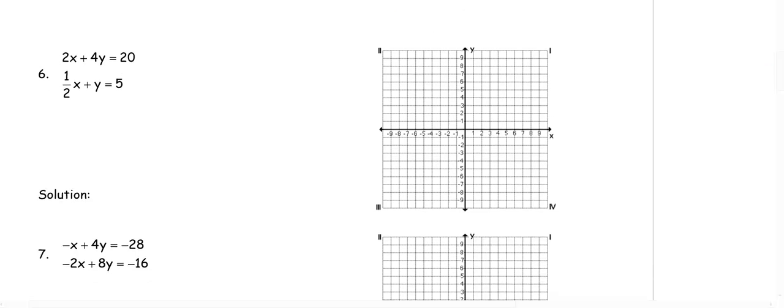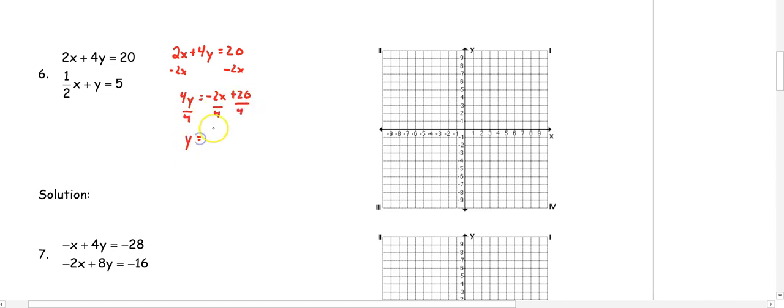So number 6, we have 2x plus 4y equals 20, and 1/2 x plus y equals 5. So in my first equation, I need to solve for y first. So I'm going to subtract 2x from both sides. 4y equals -2x plus 20, and then divide everything by 4, and I get y equals -1/2 x plus 5.